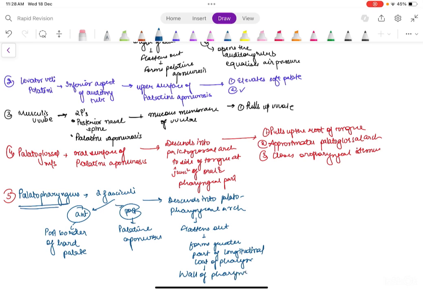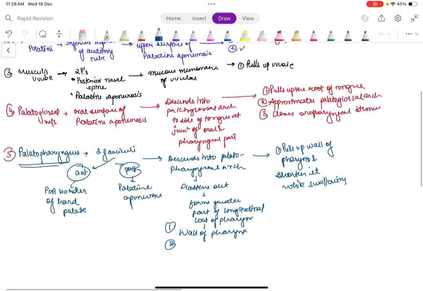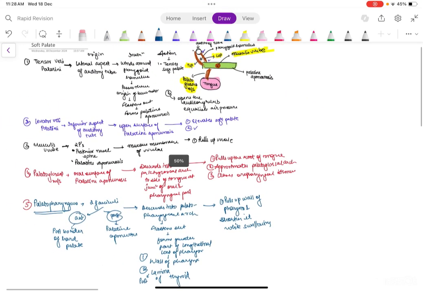Then the function is that it pulls up the wall of the pharynx and shortens it while swallowing. One insertion is the wall of the pharynx, and the second insertion is the posterior lamina of the thyroid. Now, I hope I made it easier.